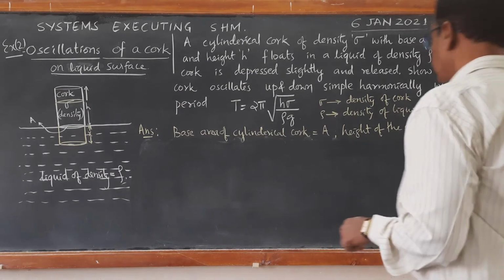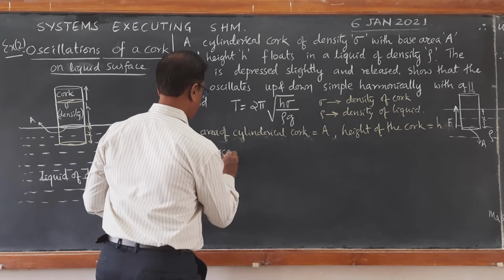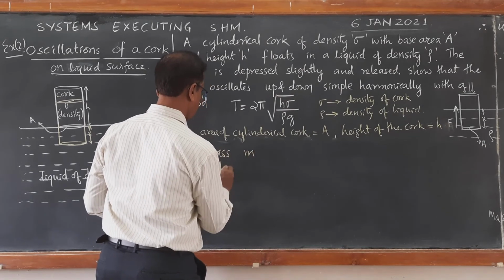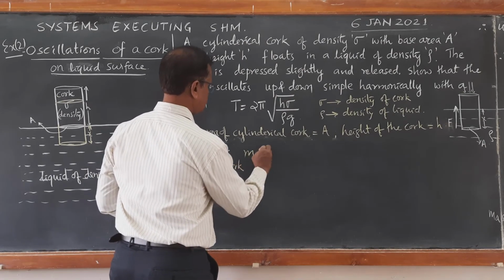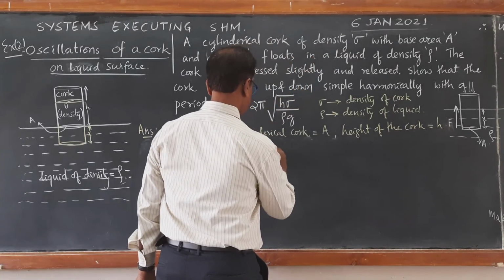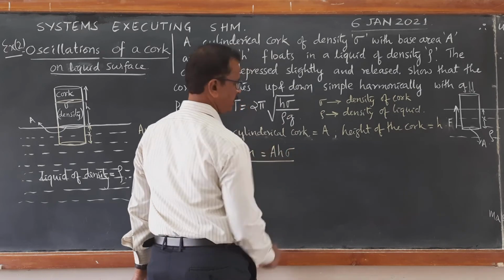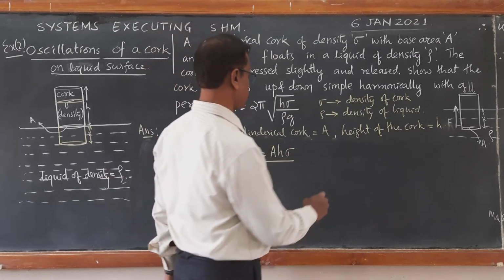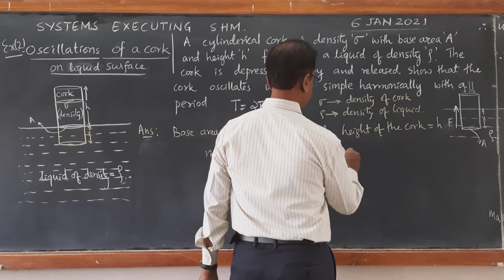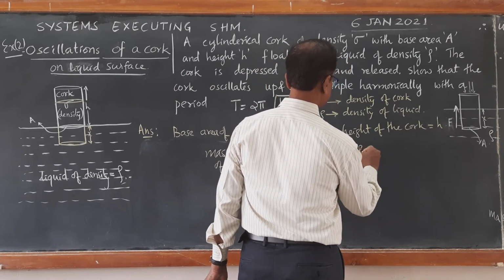So we have mass M of the cork equal to A H sigma, and the force constant K equal to A rho g.